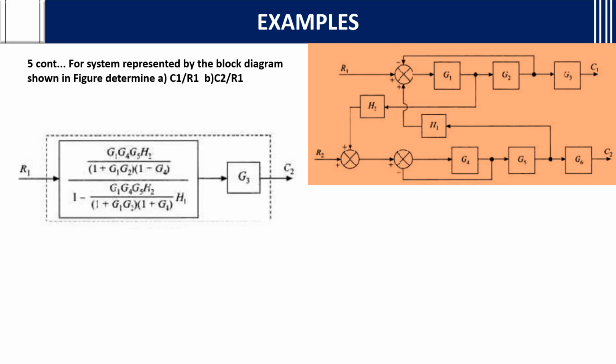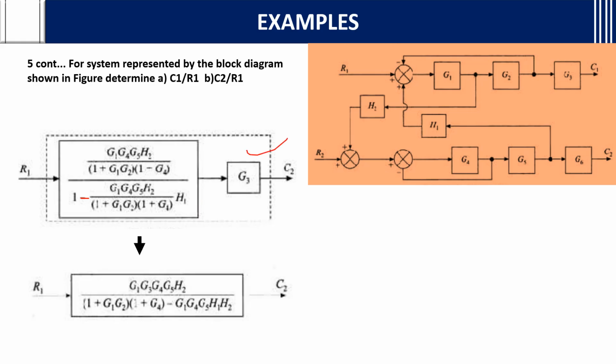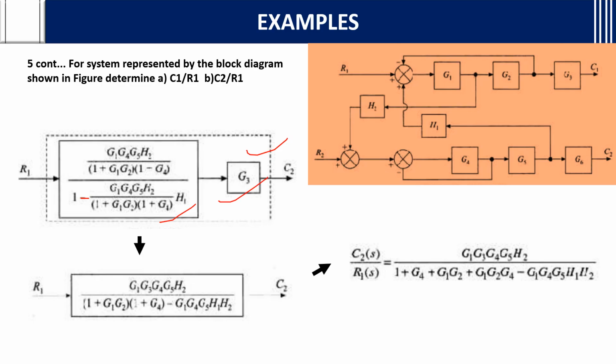It is 1 minus the whole thing G into H1, and that is multiplied with G3. Because they are in cascade, you multiply this whole thing with G3. So this is the whole equation that you will get.